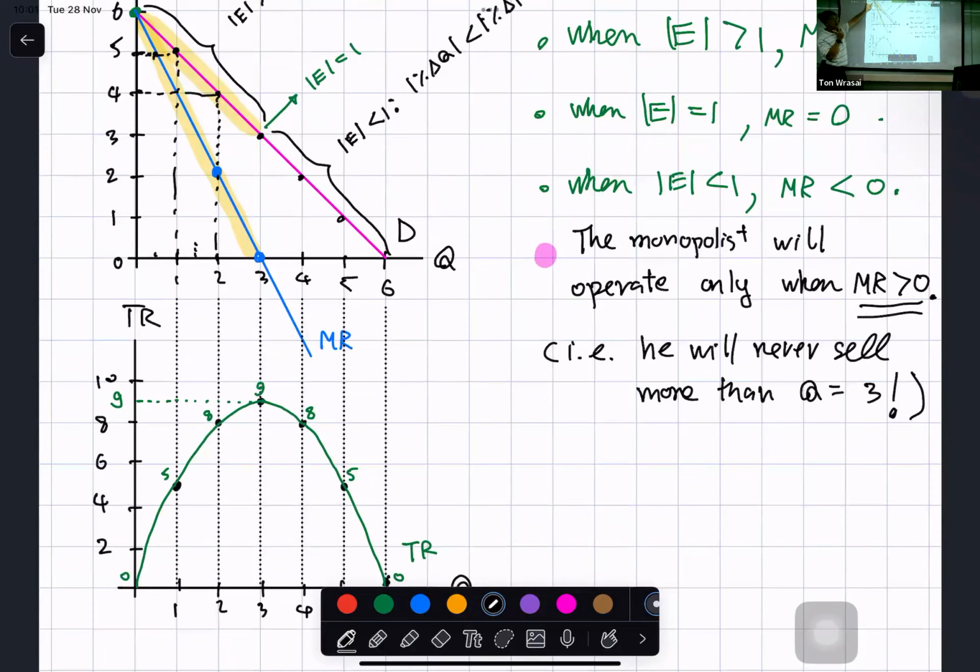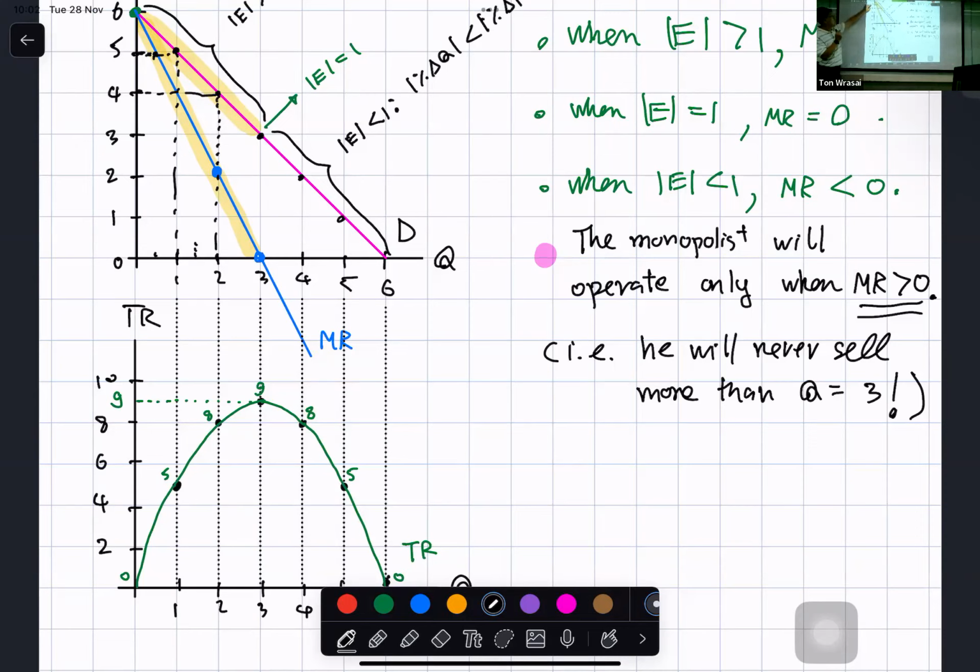Now, let's make a linkage between the revenue mountain and this. He is not interested to produce more than 3 pieces. Now, let's look more. For sure, this is a profit mountain. He wants to climb up the mountain to the top. If he wants the highest total revenue, he wants to climb up this way.